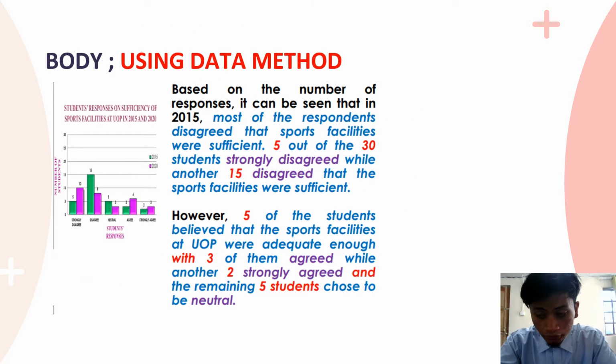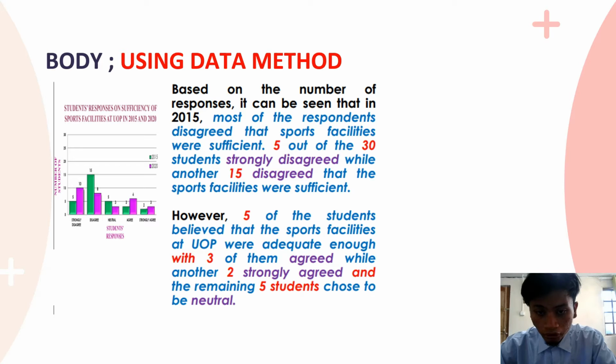For your information, for the body we have 4 types of method. Right now we are talking about the first method, using data. Based on the number of responses, it can be seen that in 2015, most of the respondents disagreed that sport facility was sufficient. 5 out of the 13 students strongly disagree, while another 5 disagree that the sport facility was sufficient.